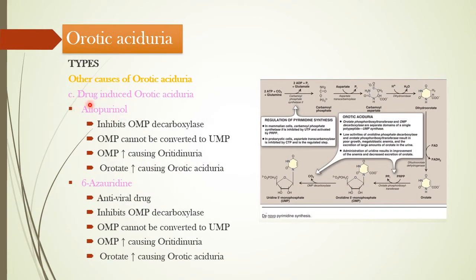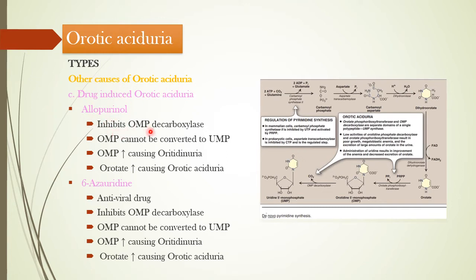Now the third minor type of orotic aciduria is drug-induced orotic aciduria. There are two drugs which are reported to induce orotic aciduria. The very first one, as all of you know, is allopurinol. Allopurinol is used to treat hyperuricemia and gout, but it may cause orotic aciduria as a side effect.